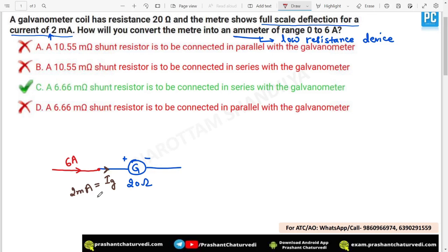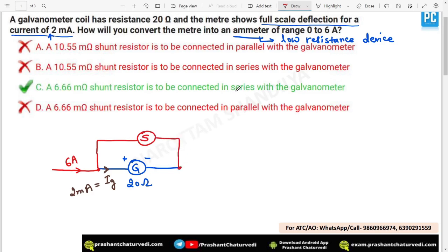That's why we thought that we have to divide this current, and to divide current you always prefer a parallel connection, because only in parallel connection the current actually gets divided. So this shunt resistance we actually connect in parallel.